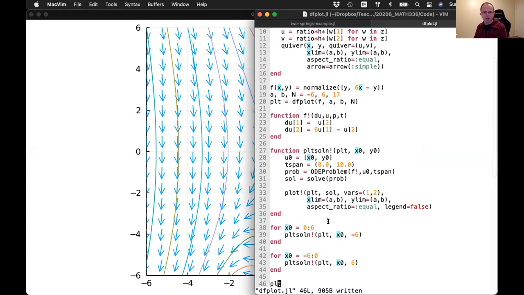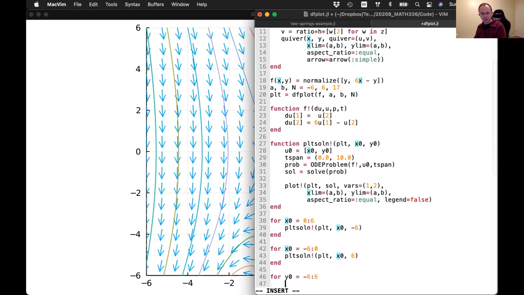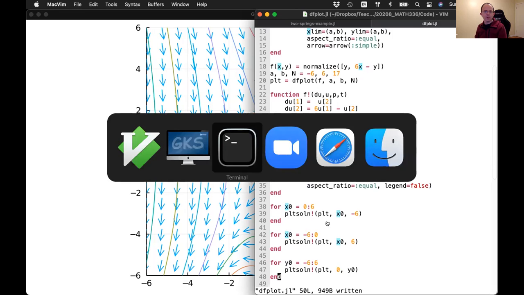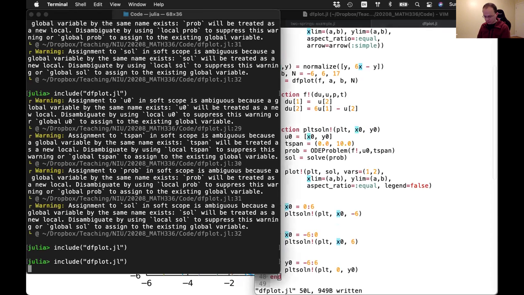So we'll do for y naught equals -6 to 6, and then the plot solution. So this will be x is always 0, and then y naught. See what that looks like.